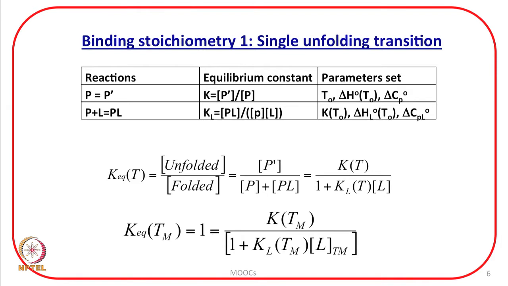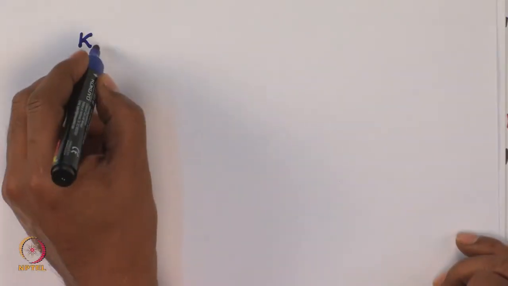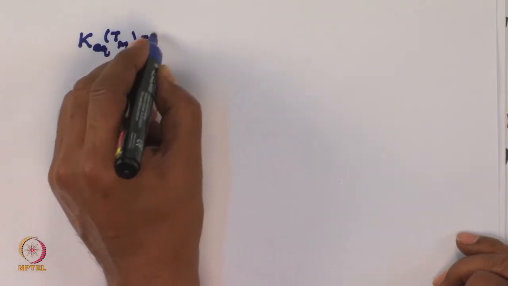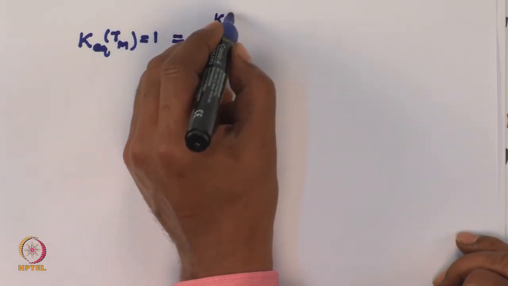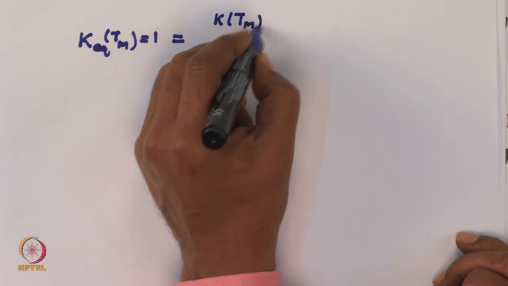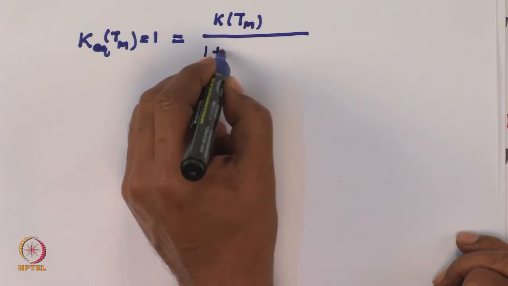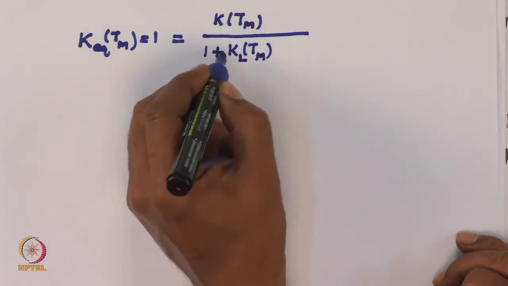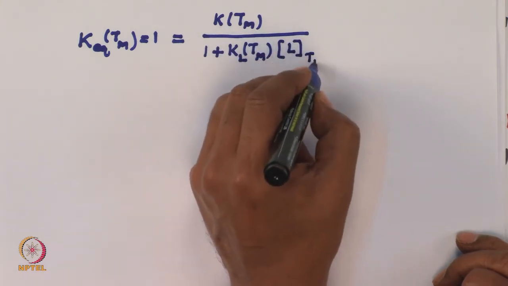What we have derived is that Kl, K equilibrium at Tm is equal to 1, and we have shown that this is equal to K at Tm divided by 1 plus Kl at Tm into concentration of the ligand at Tm.